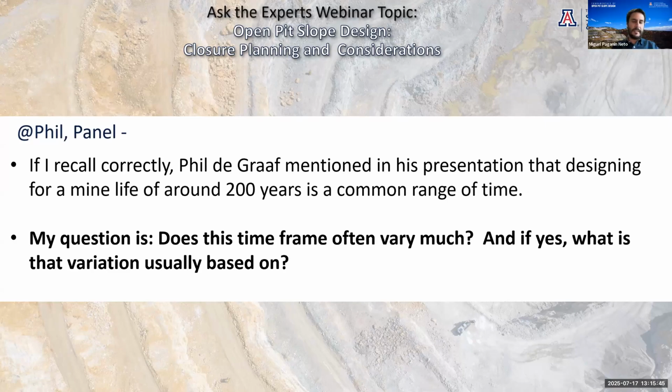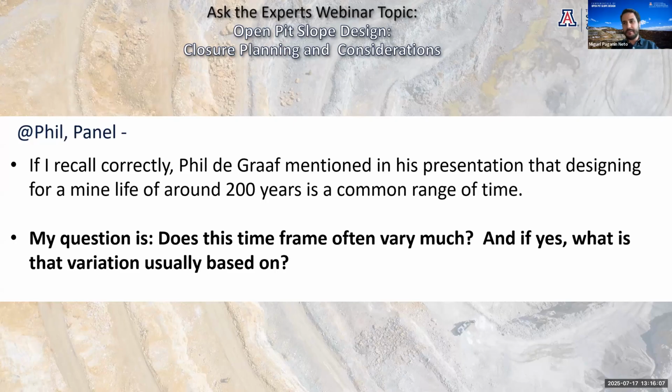I just would like to complement, for example, the planning of hydraulic structures, for example, for waste piles or for open pits. With the climate change, maybe we should consider a time bigger than 200 years for this kind of design.